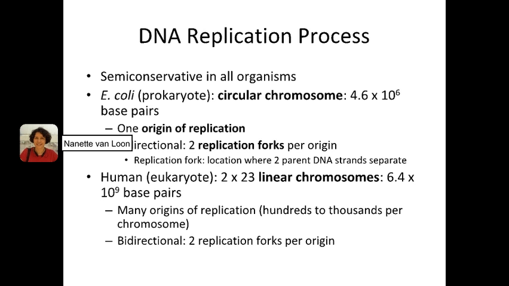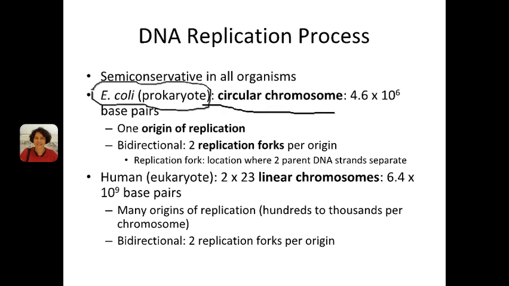DNA replication is semi-conservative in all organisms. Using E. coli as a representative of prokaryotic organisms, we find a circular chromosome in E. coli that contains practically all of its DNA, and that one circular chromosome has 4.6 million base pairs.